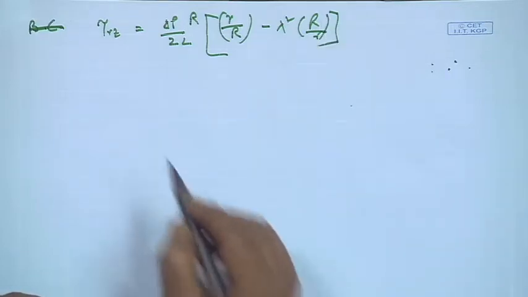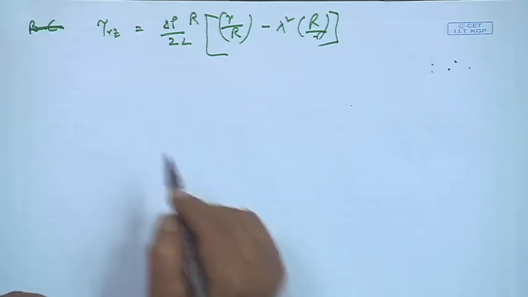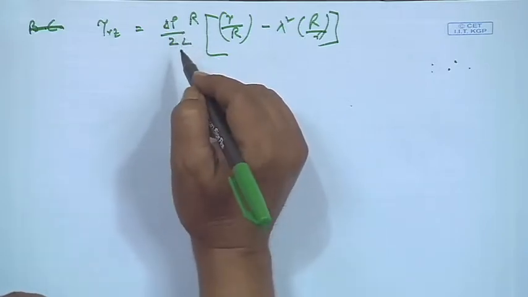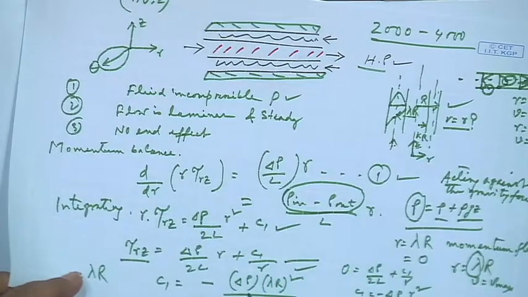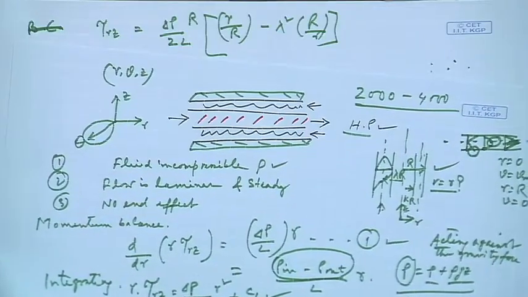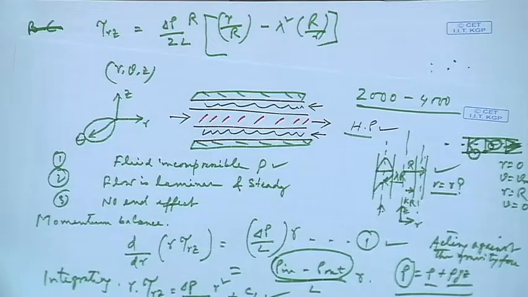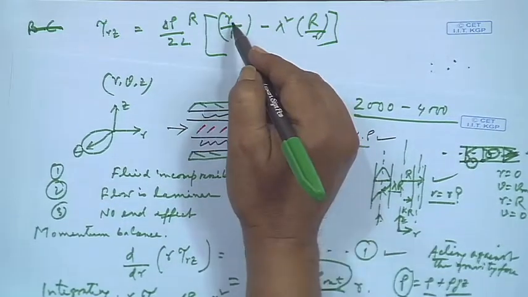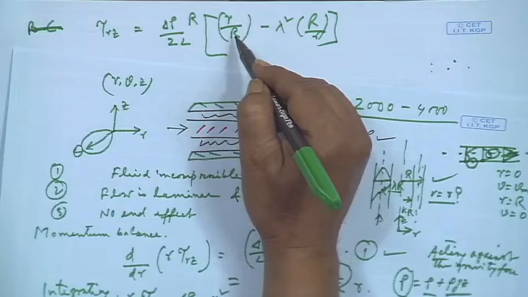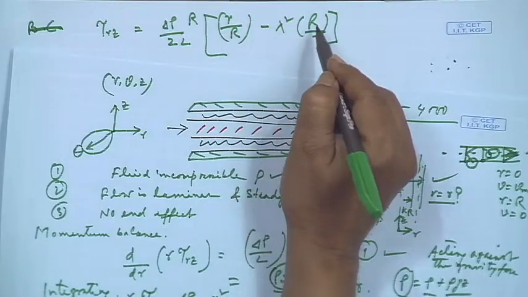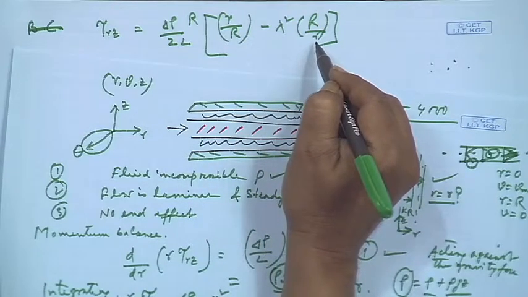So, tau r z we can write by substituting the value of C1 into this and then taking common delta p by 2L into r. Then we can write this as delta p by 2L r times r by R minus lambda square capital R by small r.